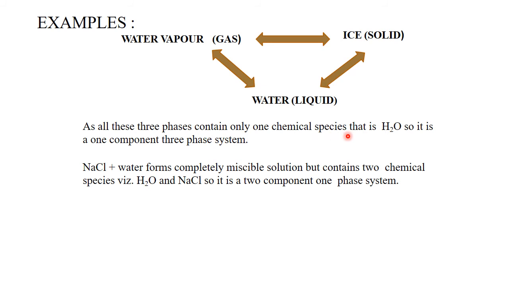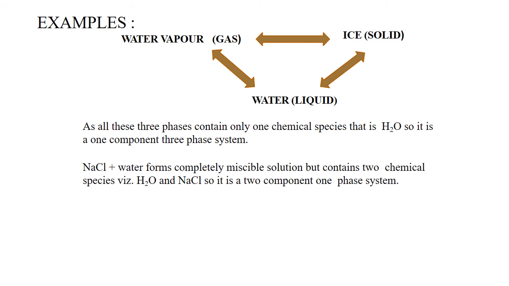Another example, NaCl plus water forms a completely miscible solution. When sodium chloride is added into the water, a solution of sodium chloride is formed. There is no solid sodium chloride remaining at the bottom of the beaker. So all the sodium chloride gets dissolved in the water. So we have a homogeneous solution which has a uniform composition throughout the bulk.